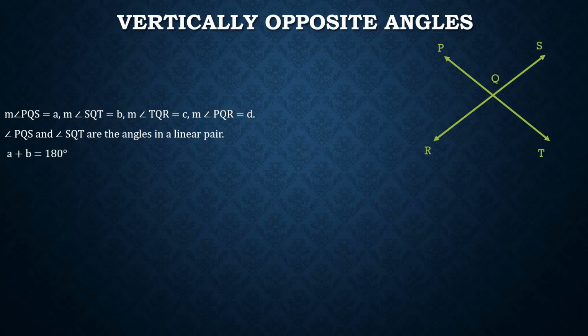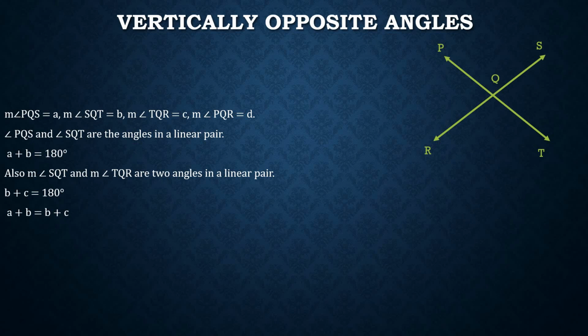So, we know that A plus B is equal to 180 degrees because the sum of angles in a linear pair is 180 degrees. Also, angle SQT and angle TQR are two angles in a linear pair. So again, angle SQT plus angle TQR is equal to 180 degrees. Therefore, B plus C is equal to 180 degrees.